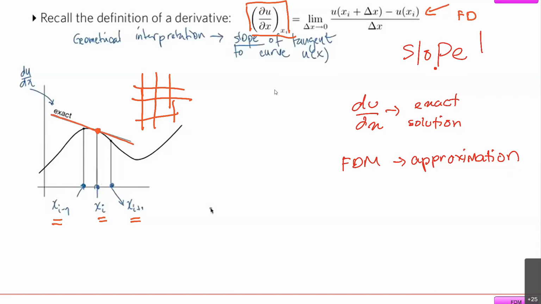That's how you get the value of the slope. So du/dx is the exact value. Apart from using du/dx, now we are trying to use FDM to approximate. That's what we have been discussing about the basics before. We want to approximate this particular value on the slope, on this point.